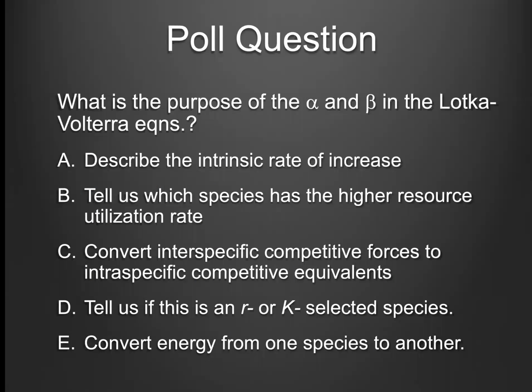Does it convert the interspecific competitive forces to intraspecific competitive equivalents? Does it tell us if there's a K-selected species? Or does it, E, convert energy from one species to another? Go ahead and launch the poll. Which of these is the best answer for the role that alpha and beta are playing?